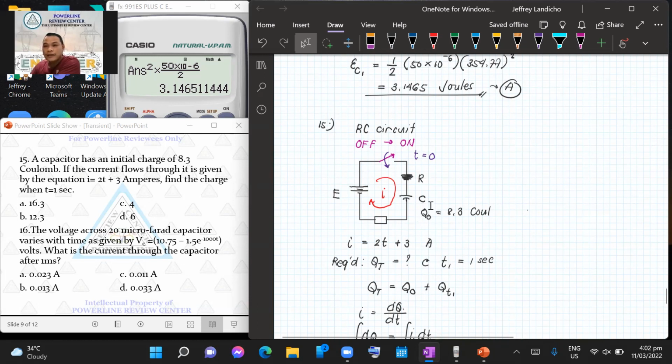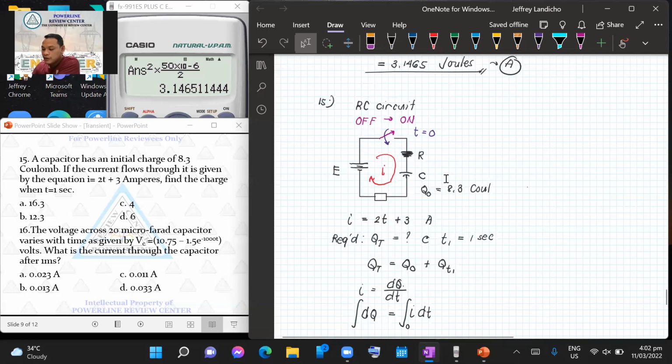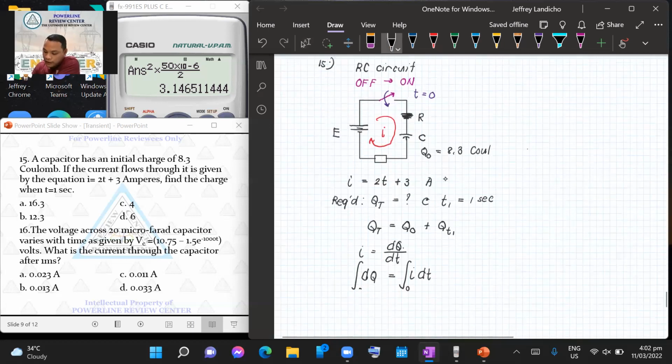So, kung hindi pa nadadagdagan yung kanyang charge, ano yung kanyang initial charge gain by this given voltage? Since i-connect pa lang natin siya, its charge gain is only 0. So, after a certain period of time t, its given charge is equal na kanino? Q sub small t. Itong small t na to represents only the additional charge gained by this capacitor after niyang i-connect sa ating source voltage.